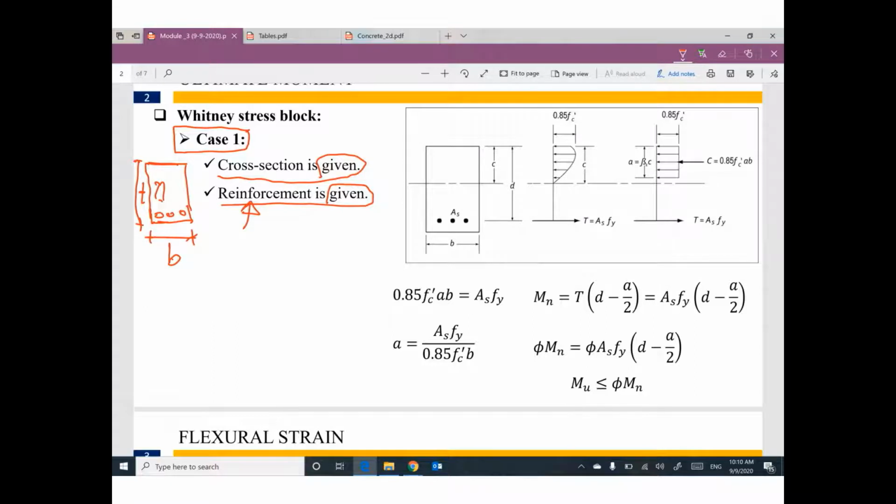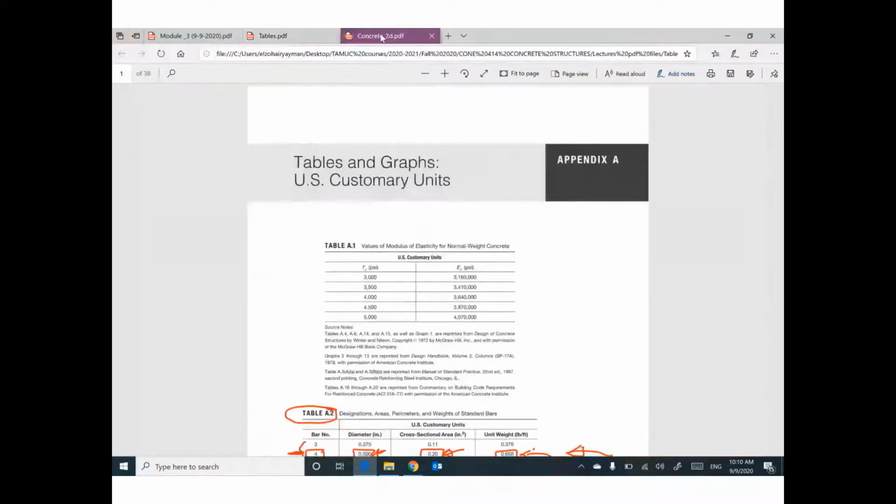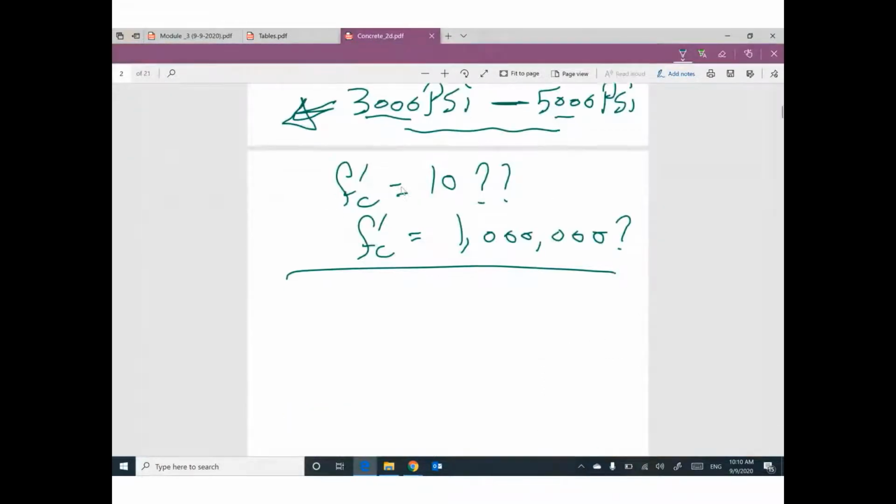So right now, we have a given cross section. Everything is given. Can you tell me how much bending moment this cross section can support? I'm sorry, what do you mean by bending moment? I will let you know what is the end of our story.